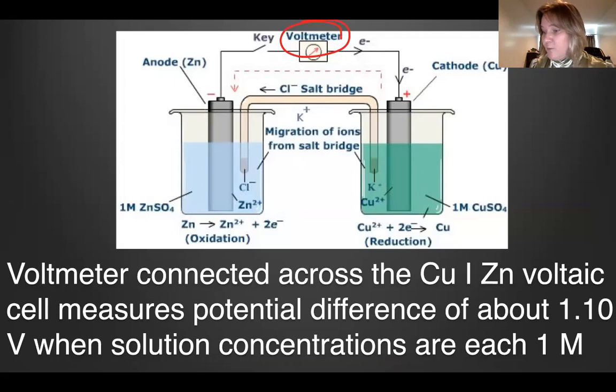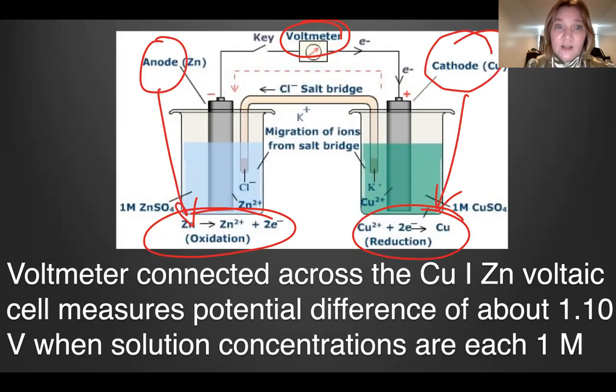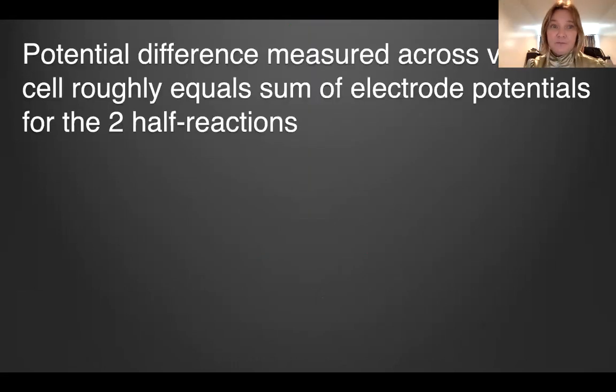So again, we have the anode on the left-hand side, we have the cathode on the right-hand side. The anode is where oxidation occurs, the cathode is where reduction occurs. So in this particular electrochemical cell, zinc is being oxidized and losing electrons. Those electrons flow through the wire, through the voltmeter, and then they reduce the copper ions on the cathode side.